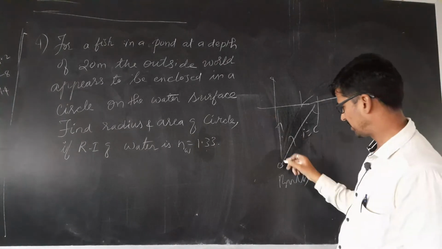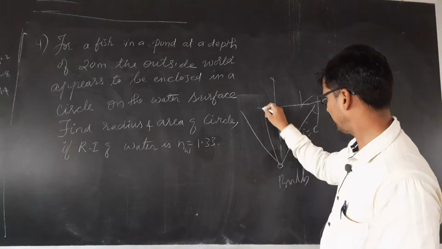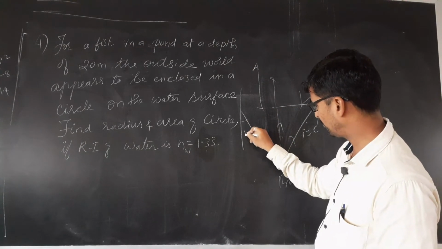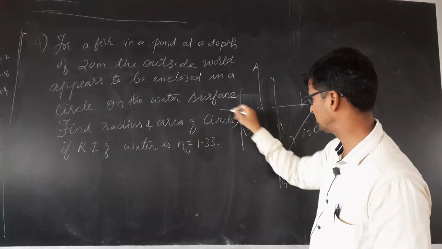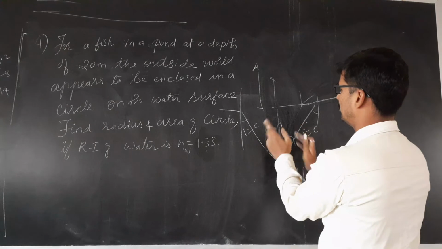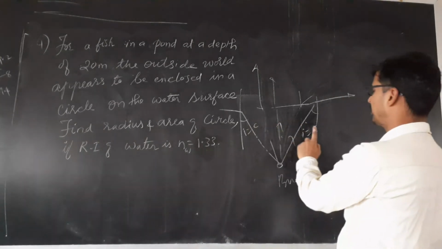So here also you take the extreme rays. This ray goes outside. What about the final ray at angle of incidence equal to the critical angle? It will graze the surface. Now, which two are the extreme rays visible, which are incident at the critical angle?